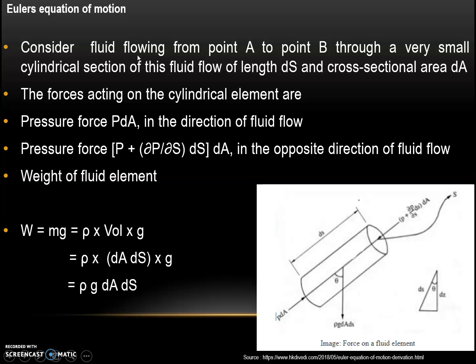Now consider fluid flowing from point A to point B through a cylindrical section of length ds. Let the cross-sectional area of this cylindrical section be dA. Now let us consider the forces acting along this cylindrical element.